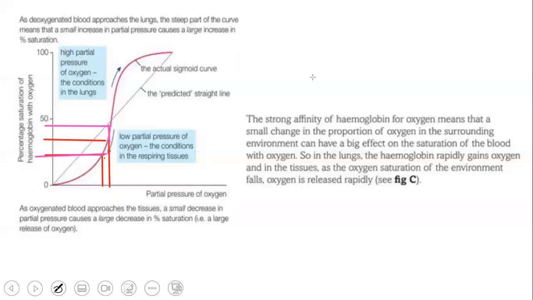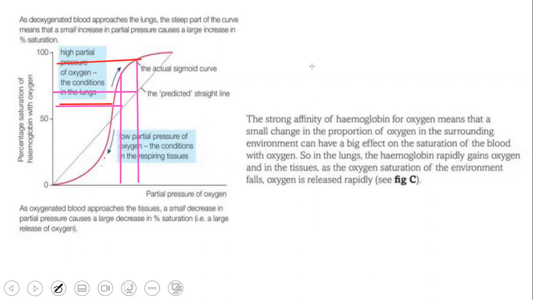Now let's look at the changes. This is the change you are getting in the sigmoid curve, and this is the change that you are getting in the straight line. Okay, hold on one minute. There you go.